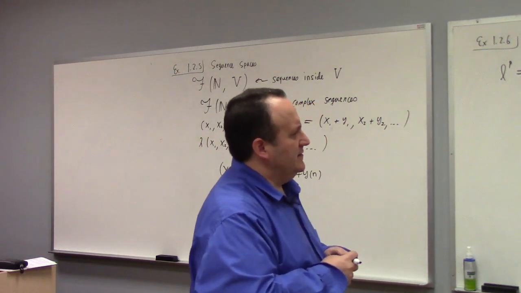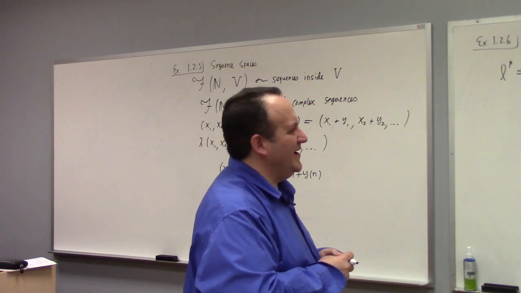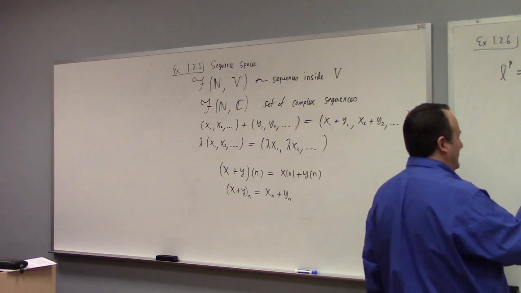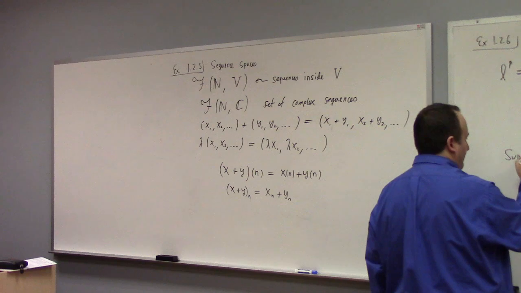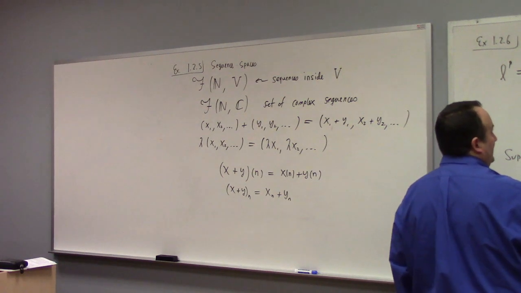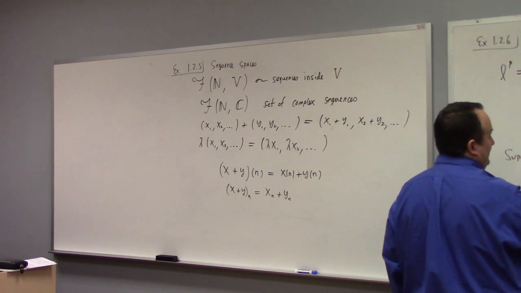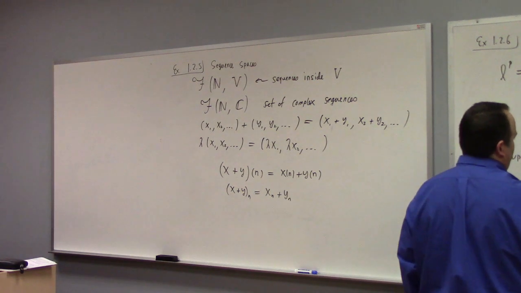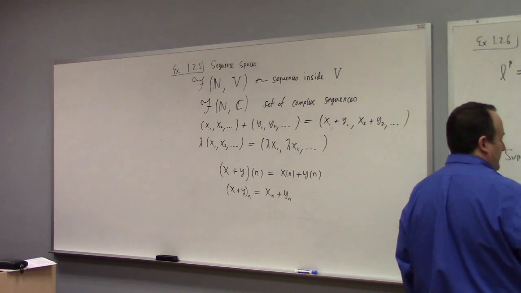But why is it that if you add two of these together? Suppose you have two of these, let's use x and y, in l^p. What does that give you?